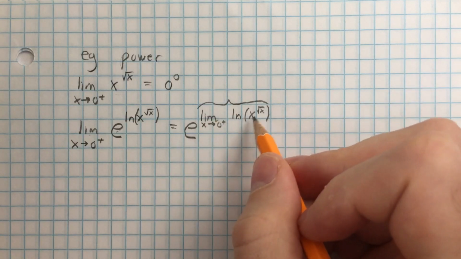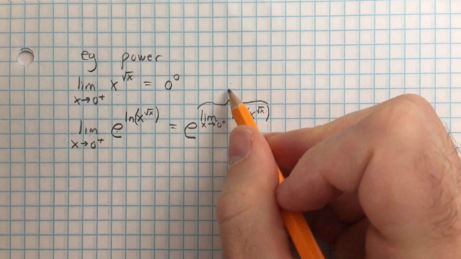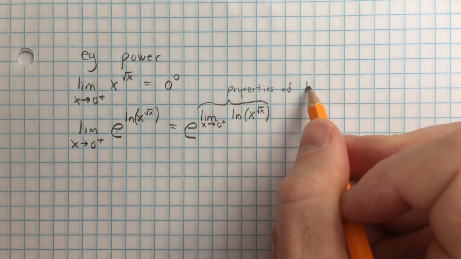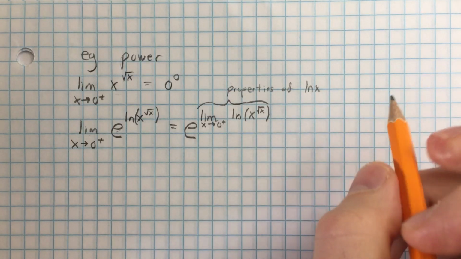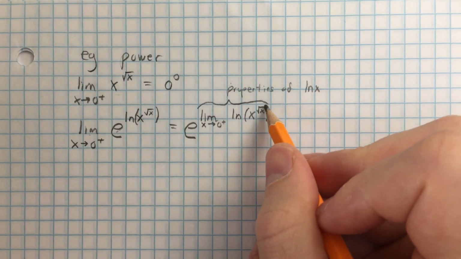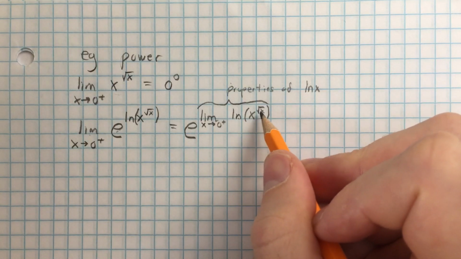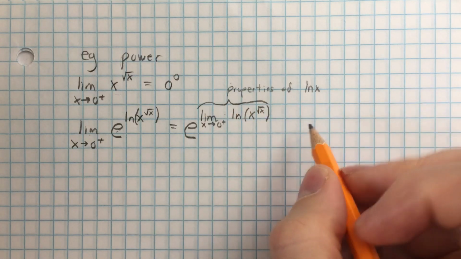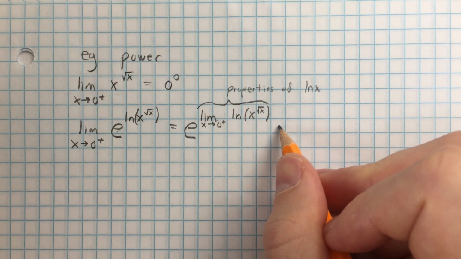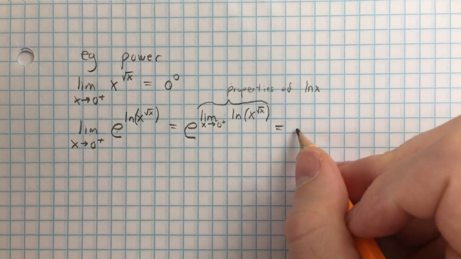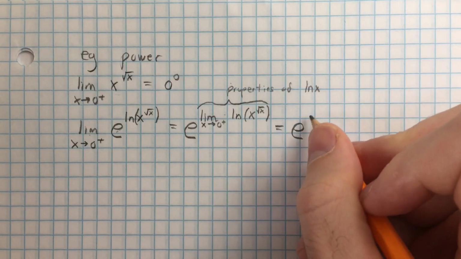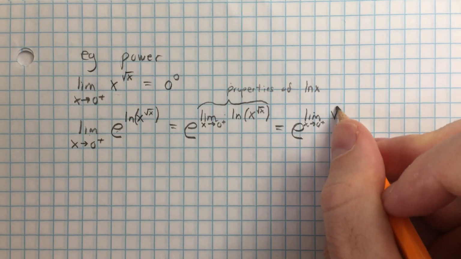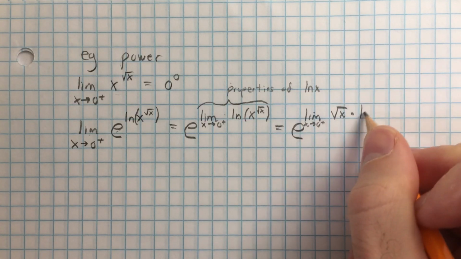But here's what we're going for, and the reason is log properties. One of the properties of natural log is that if you have an exponent or a power on the argument, you can remove that down as a coefficient on the logarithm. So this is now equivalent to e to the limit as x approaches 0 from the right of root x times natural log of x.